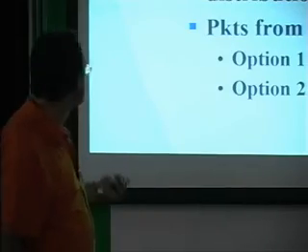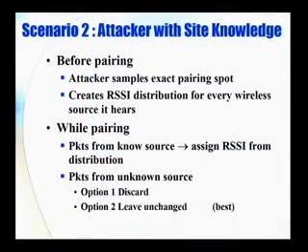So when the pairing actually occurs, as the device that is farther away hears packets, there are basically two possibilities. When packets are from a source that it knew, because it detected it when it surveyed the environment, what it does is replace the RSSI, the one that it hears, from the distribution.